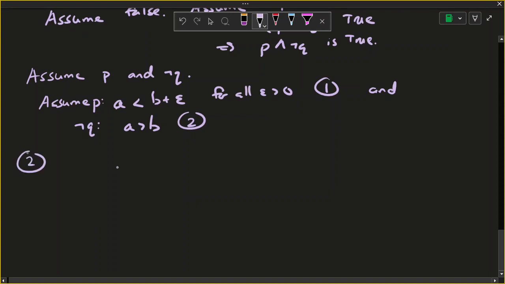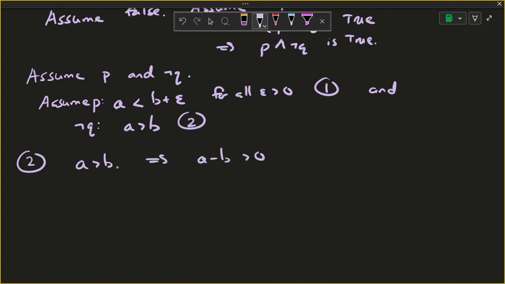Inequality 2 has A greater than B, and that implies A minus B is greater than 0, just by subtracting B from both sides, and that implies (A minus B) divided by 2 is greater than 0, just dividing each side by 2. So keep that in mind.